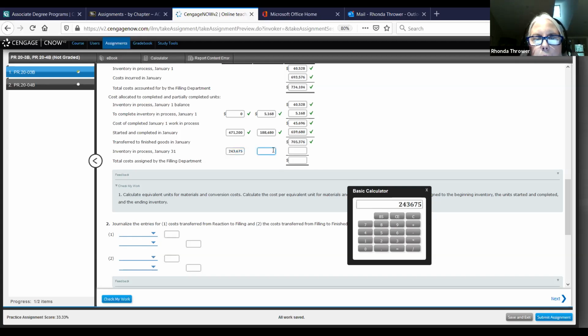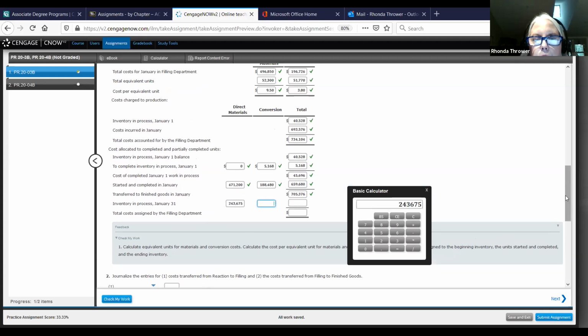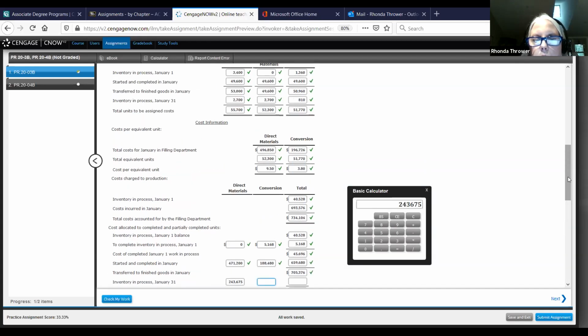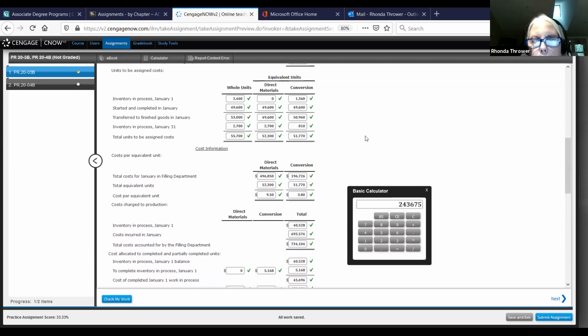The next part that they want you to calculate is the conversion cost of your ending inventory. Remember, this is your ending inventory units, and you only finished part of those with respect to this month.